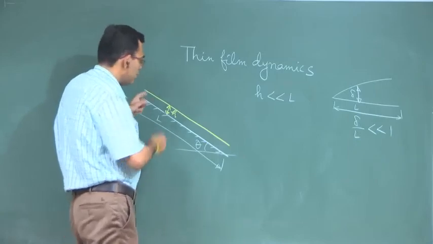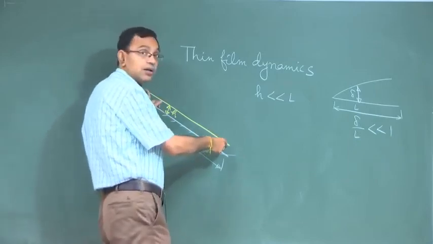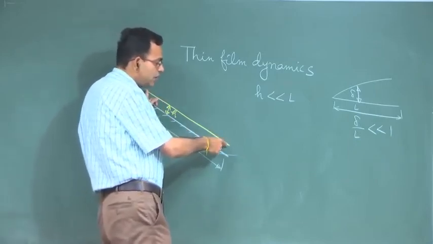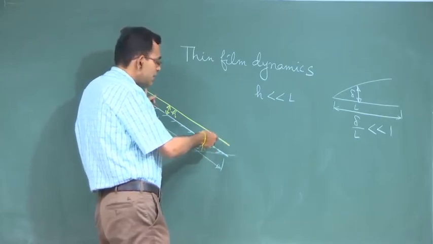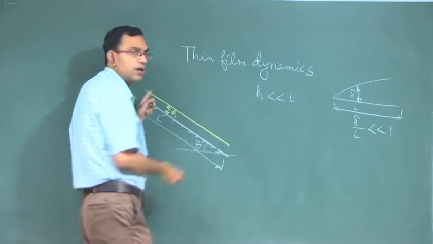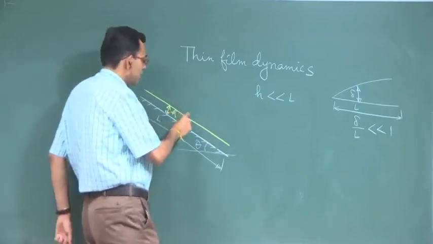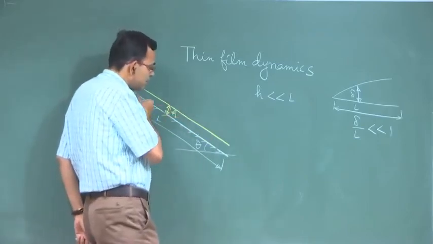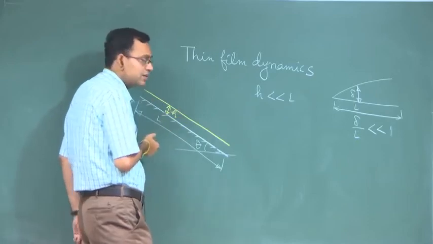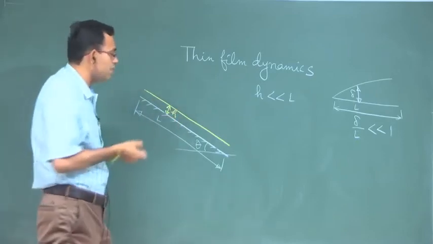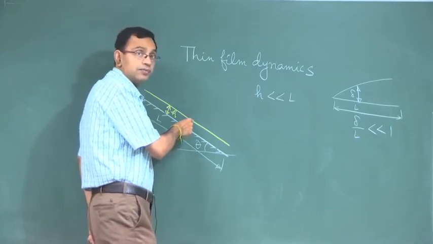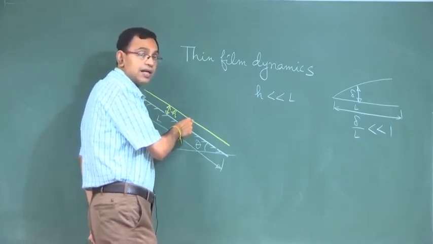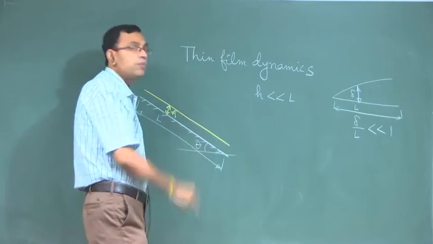In lubrication theory this is also a rigid wall, this yellow line that I have drawn. This line may not be parallel to this; it may be inclined in whatever way. So, this h is a function of the axial coordinate, and it could also be a function of time, but it is a rigid boundary. That is the consideration in lubrication theory.